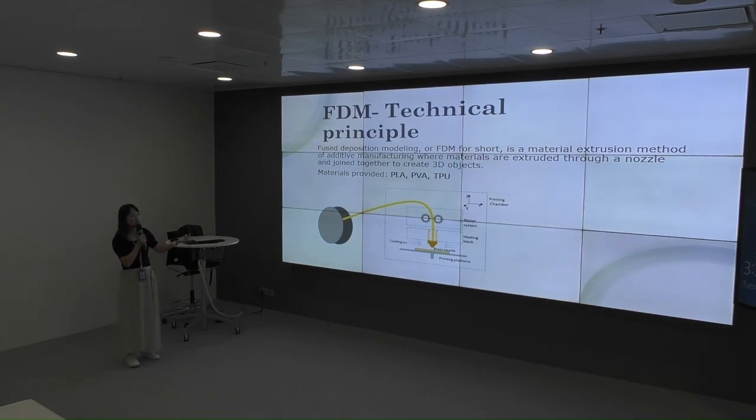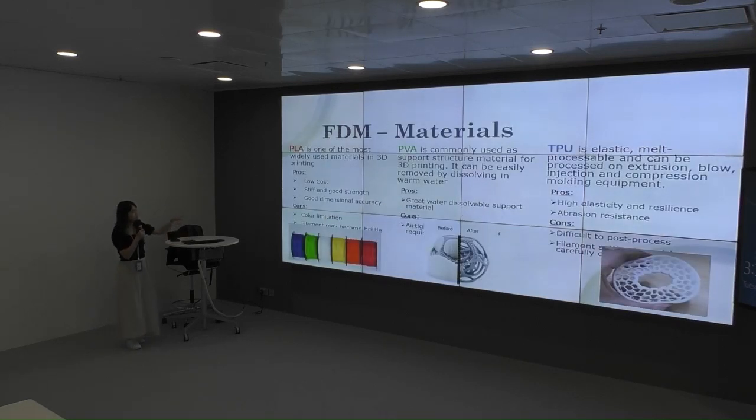It uses material which is maybe a polyester plastic as the filament to go inside the nozzle, and then melts and extrudes it to form the 3D object layer by layer. The materials provided by us are PLA, PVA, and TPU. PLA is the most widely used material in 3D printing.